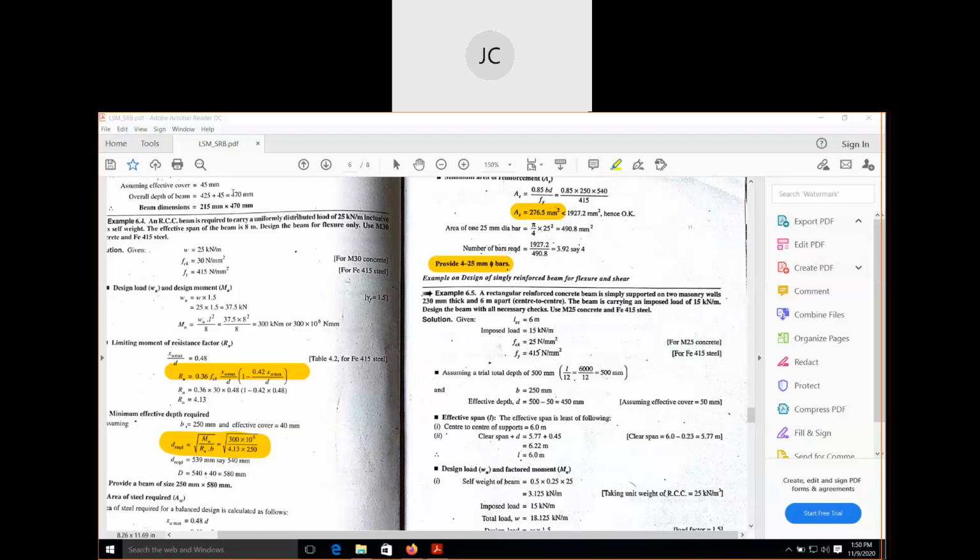Sujata, do you have any doubt in this problem? Then Ishal, do you understand this problem, 6.4?